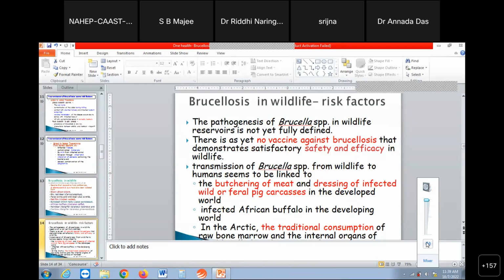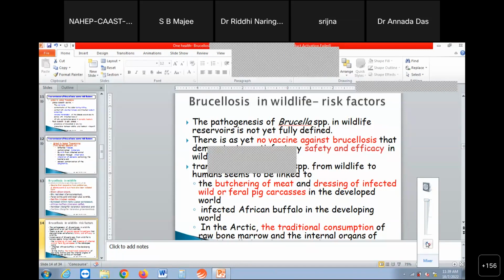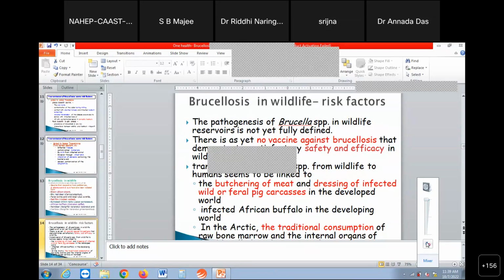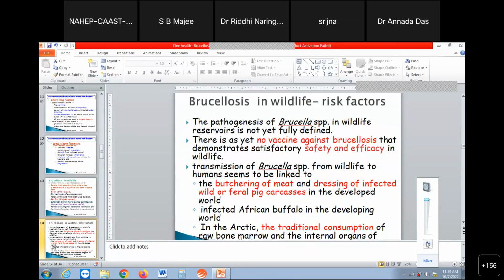Number one is the butchering of meat and dressing of infected feral pig carcasses, mostly conducted in the developed world. That is, you see, they are very used to killing or hunting game animals, and then just smoking the carcass, or just exposing it to some heat, and then eating it almost raw, you could say.